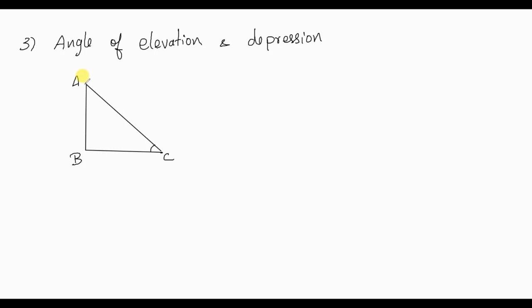Now moving to depression. There is a building AB. Here in depression, imagine a man is standing on the top of the building and observing an object at C here. When the line of sight decreases, that is called angle of depression.